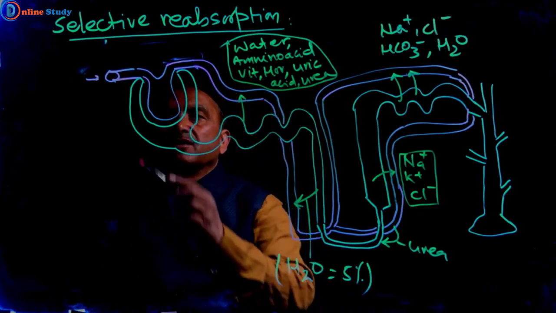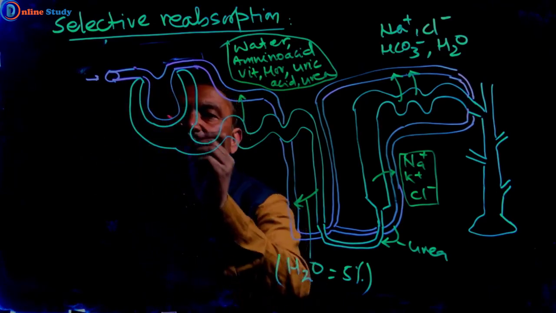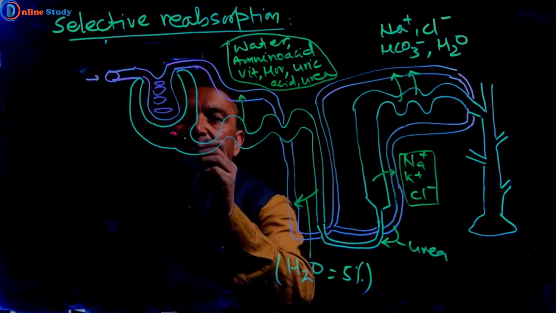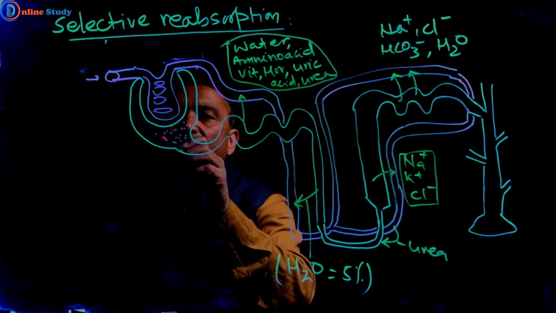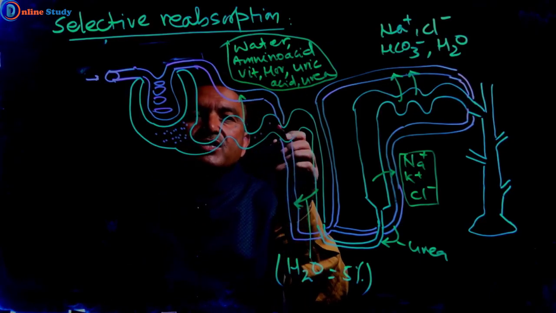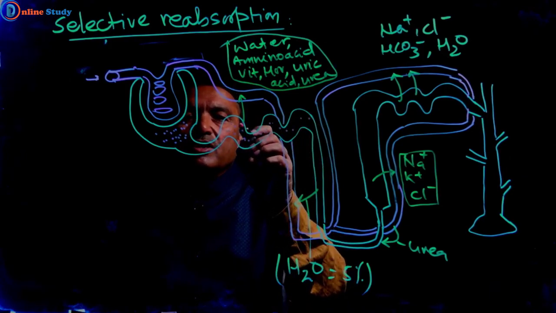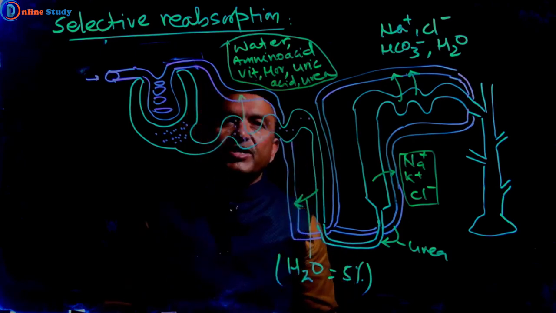Here this one is the afferent arteriole, and here is the glomerulus inside Bowman's capsule. So here filtrate is formed. The filtrate is called glomerular filtrate or ultrafiltrate. This filtrate consists of water and different substances whose molecular size is less than 3 nanometer.